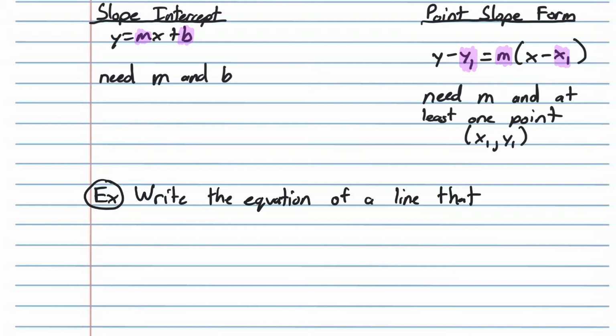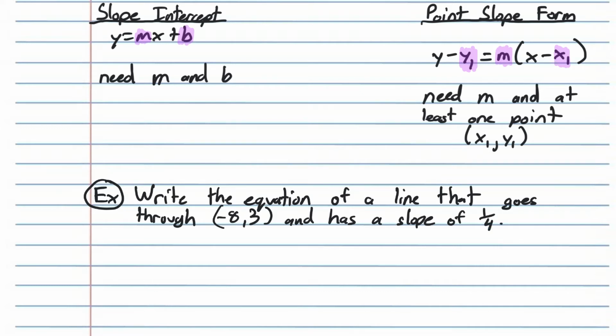They could give you a slope and an intercept, which in that case, you would use the mx plus b. They could give you 2 points, which we kind of looked at in the last video, of like, well, find the slope and then go from there. Or they could give you a slope and 1 point, which is what this question is going to do. So write the equation of a line that goes through (-8, 3) and has a slope of 1/4.